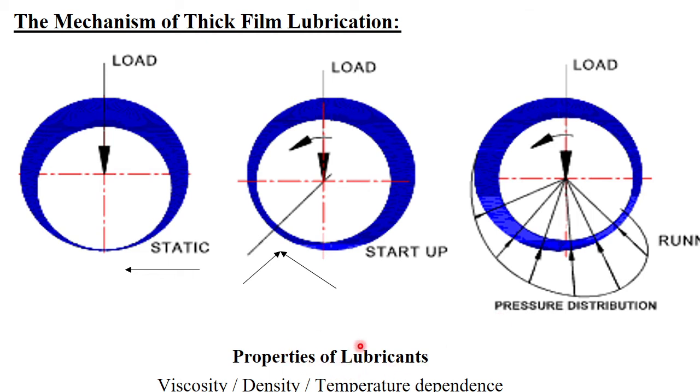Now the most important properties of lubricants are viscosity and density, and both these quantities are much dependent on temperature. If temperature changes, these values, viscosity and density of the lubricant, change.